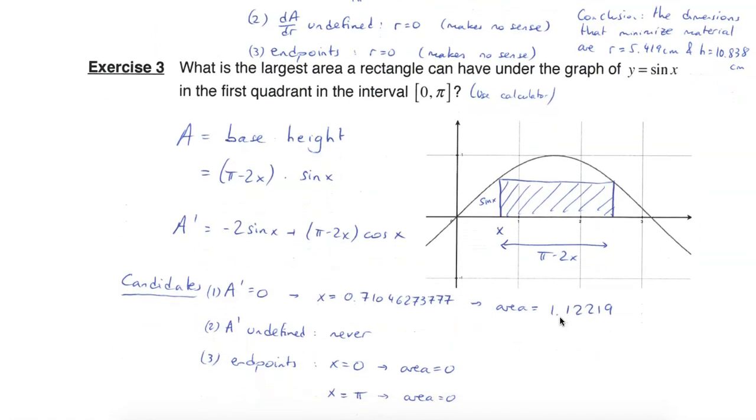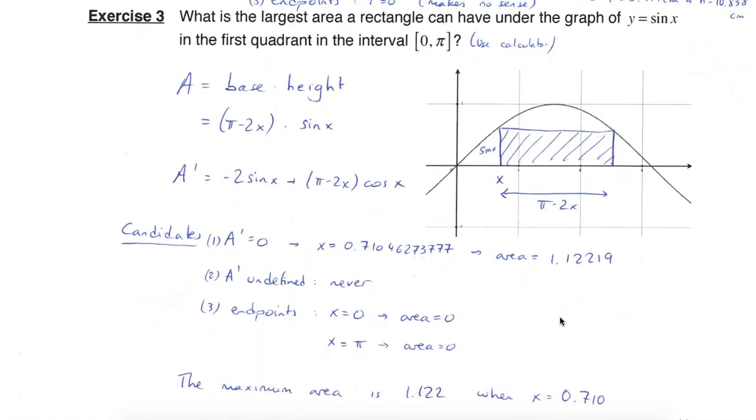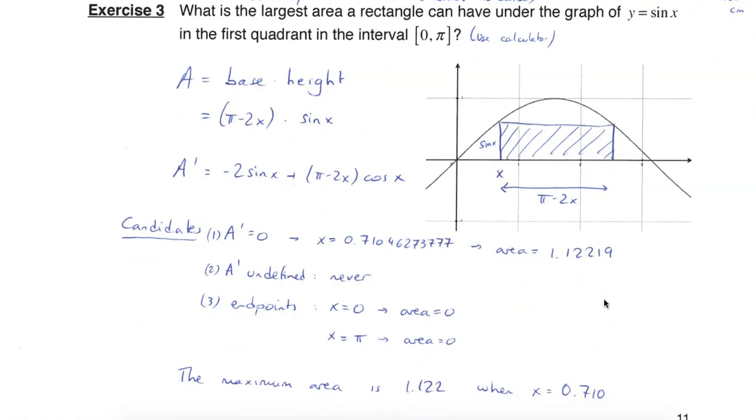Lastly, an exercise that is a bit shorter, that is more mathematical. This time we are studying the curve y equals sine x, so this wave, and we are wondering what is the biggest rectangle that I can put under the curve. So it would touch up here, touch over there, and then one side of the rectangle would be along the x-axis.